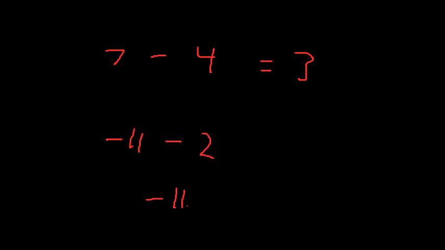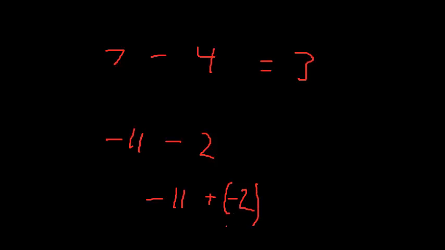You can use these same techniques when subtracting signed numbers. Say 7 minus 4. We have a positive 7 minus a positive 4. This is the same as we've always done it, 3. But let's say instead we have -11 minus 2. Well, in this case, we can think of it as -11 plus a -2.